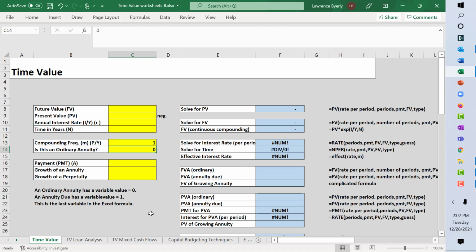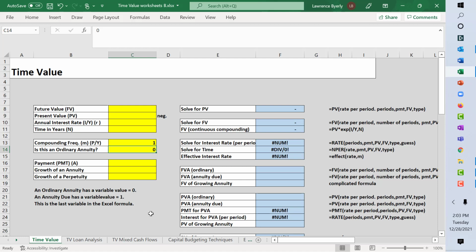We also have different types of cash flows depending on when the money is invested. Typically, in the models that we have in spreadsheets and the financial calculators that we might use, we always assume that the cash flows that we're looking for occur at the end of the time period. That's what's referred to as an ordinary cash flow. An annuity due or a due cash flow is when the cash flow occurs at the beginning of the time.